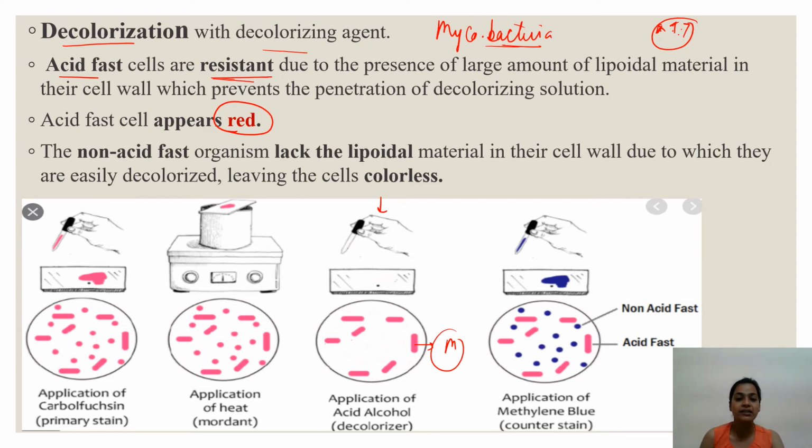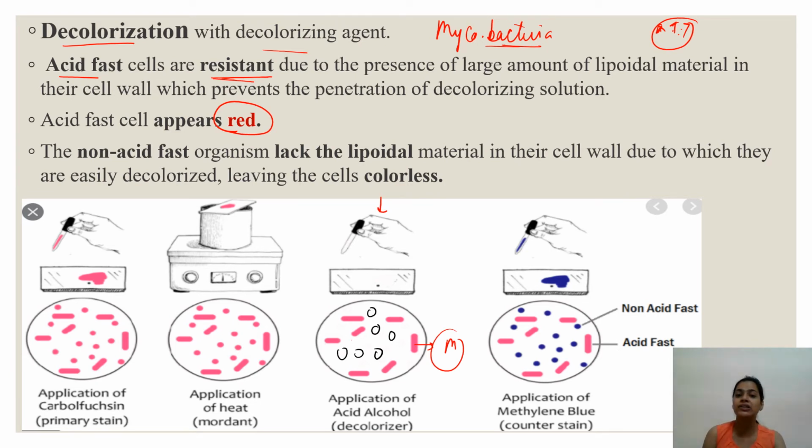And the other cells, which were earlier pink or reddish in color, do not have that mycolic acid in their cell wall, and the lipid portion is lesser; they have more peptidoglycan.